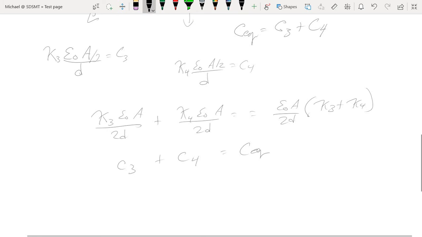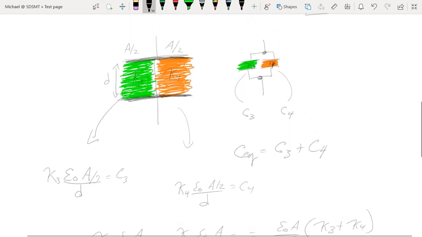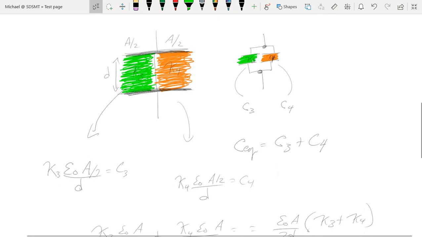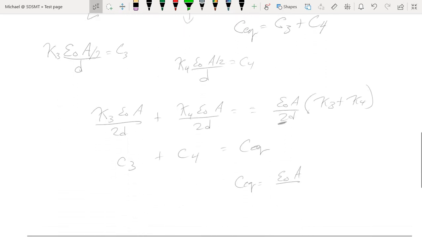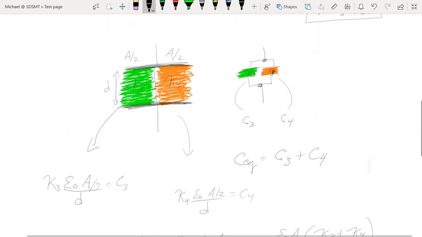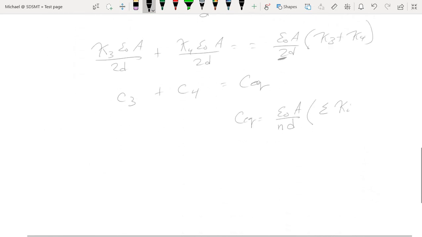And so our equivalent capacitance here is epsilon naught A over, and again, this 2 comes from the fact that we're segmenting the area into equal portions. So if we do that for larger segments, we would have to divide by n, and then take the summation of each individual kappa value as we go from 1 to n.